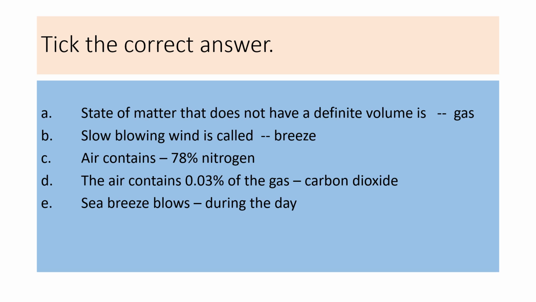Slow blowing wind is called breeze. Air contains 78% of nitrogen. The air contains 0.03% of the gas, carbon dioxide. Sea breeze blows during the day.